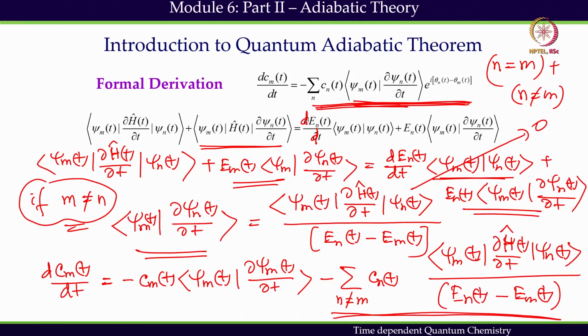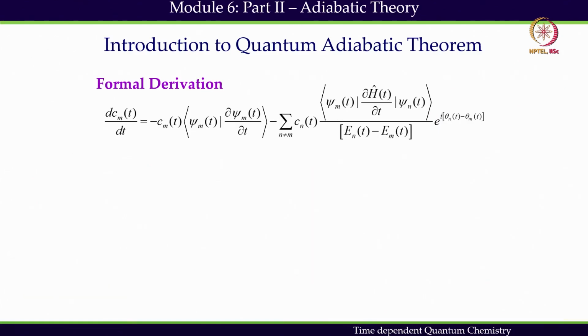But for n equals m, we get one term, C_m, and this part will go to 0 because E_m minus E_m will be 0. So that part will not exist anymore. So finally, we have found that the expression can be reduced to this.